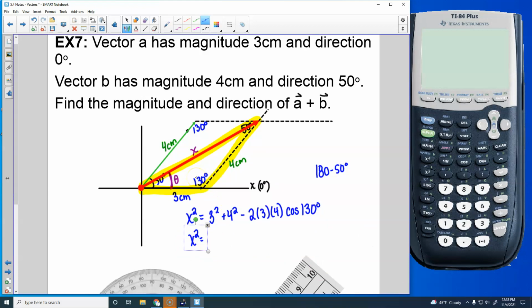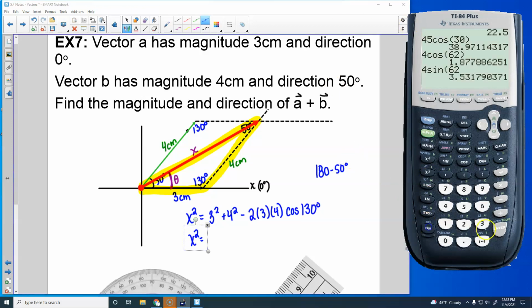And I figured that out when I drew my parallelogram. The angles that are across from each other are equal to each other. And then the angles that are beside of each other should add up to 180. Okay?